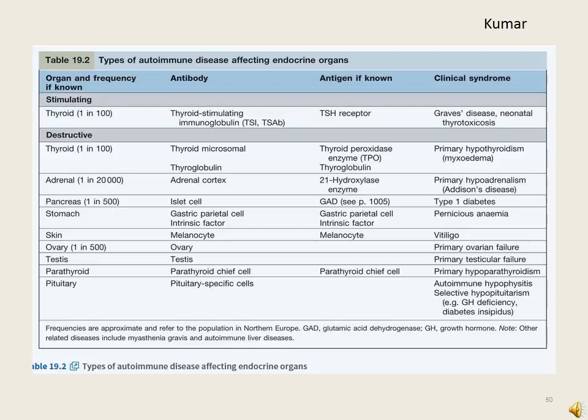But for the adrenal gland, it's a very low number, 1 in 20,000 persons. For the pancreas that induces diabetes, the frequency is 1 in 500 persons.